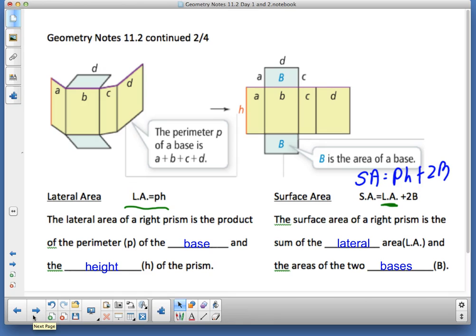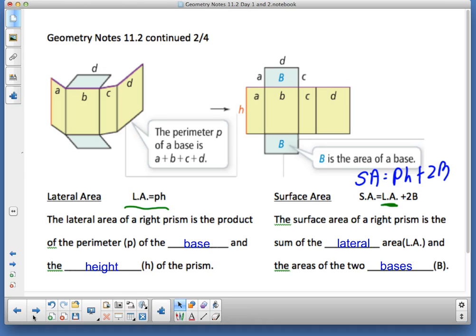Lateral area and surface area are related. Lateral area is the area that would be the soup can label. Surface area includes not only the area that soup can label covered, but the bases as well.